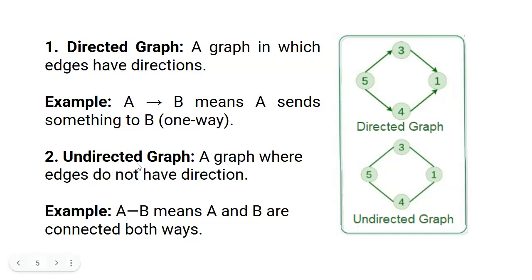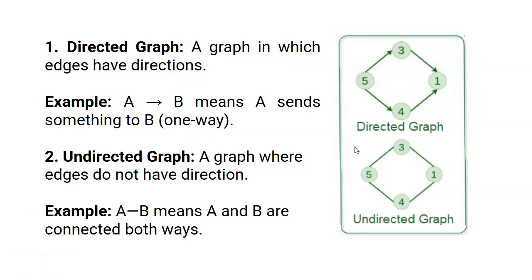Okay, and the second type of graph is the undirected graph. In an undirected graph there is no direction between the vertices, so it is known as an undirected graph.